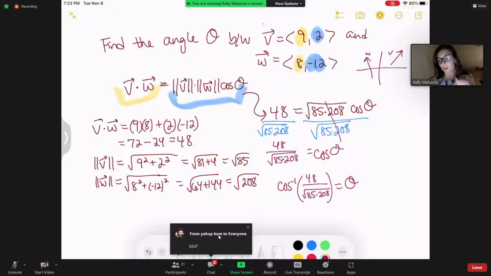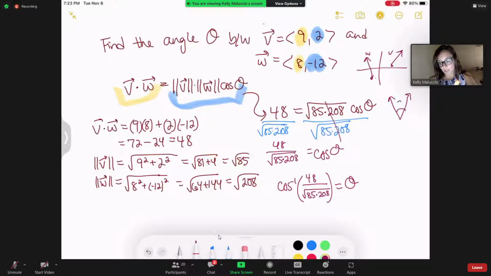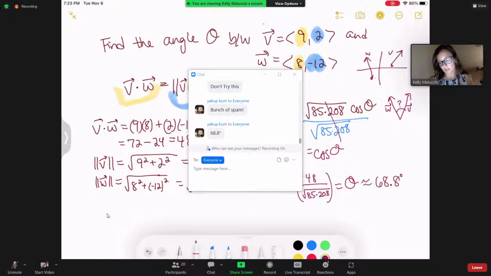And we're trying to figure out, if we connected these start points, what is this angle in between if this was W and this was V, right? And that angle is about, so that was not drawn to scale, but I got 68.8 degrees. Yeah, Jakob, you're correct. Good.